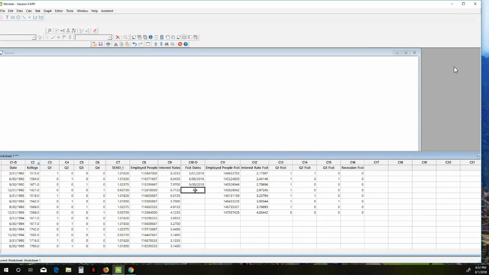So I can make sure I get the quarters lined up. 12/31/2018. I've got a comma instead of a cotton picking slash. There we go.